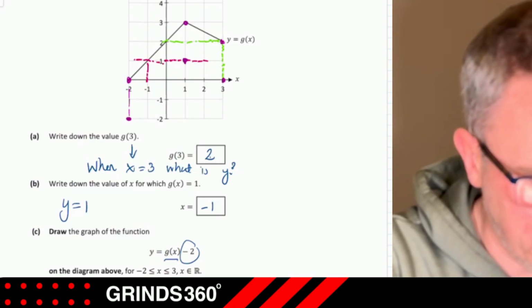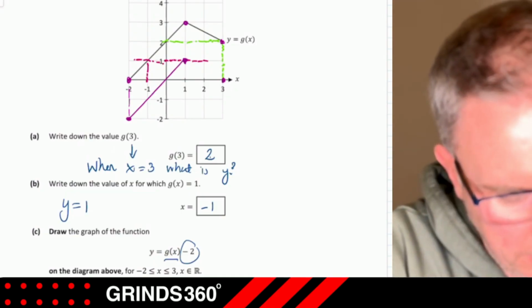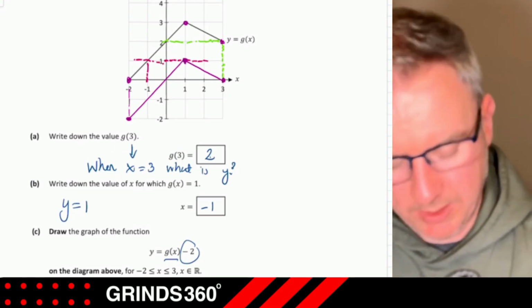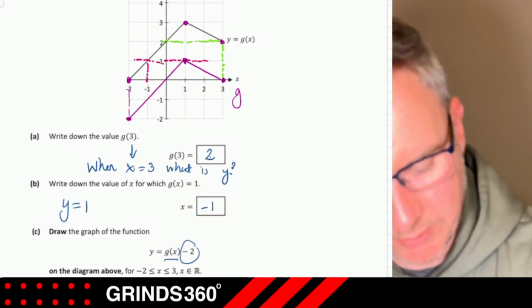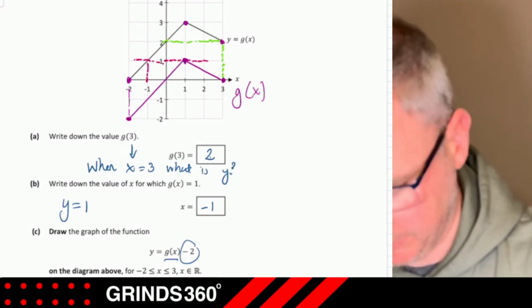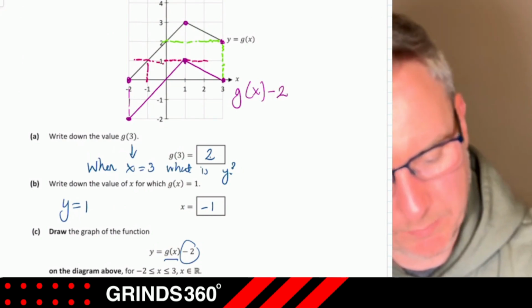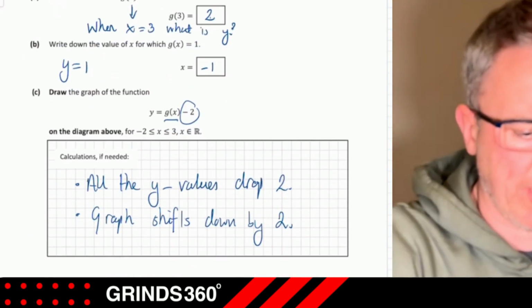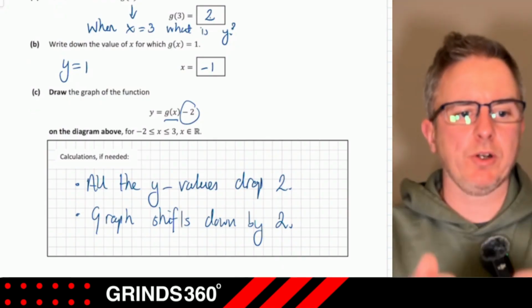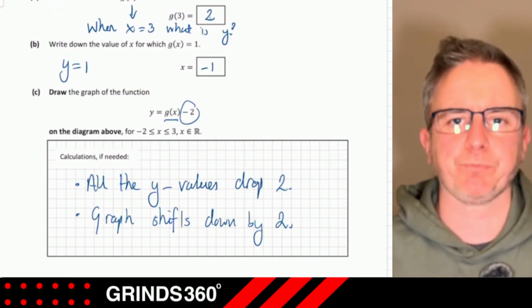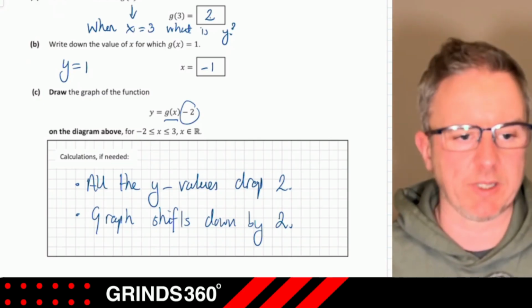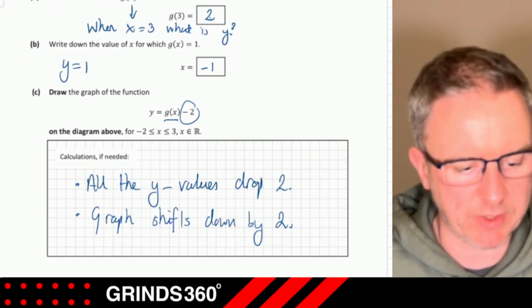So I'm coming along, and now I have my graph in, and I'm going to label it g of x minus 2. So when you see that you're subtracting 2 from the function, all you're doing is dropping it down by 2. If you're adding 2 to it, you'd be shifting it upwards by 2. So that's what we're keeping an eye on there each time, all right?